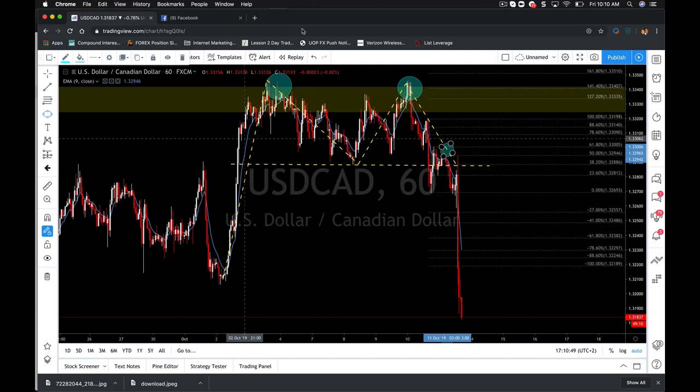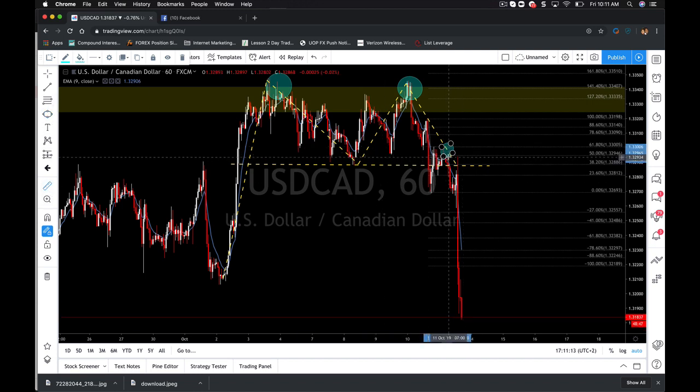So even if you weren't sure, you got the M pattern form and you got that push down, then you see the market correcting, you just wait for it to hit the sweet box zone, 38% to 61.8%, 61.8 is what I like. And then as soon as it hits there, you jump in on the next candle open, and you would have caught a lot more of that move.